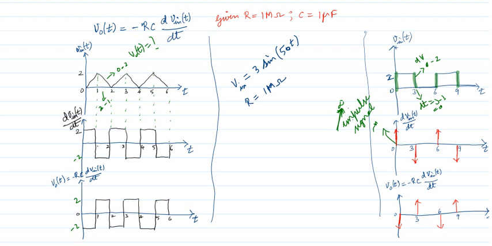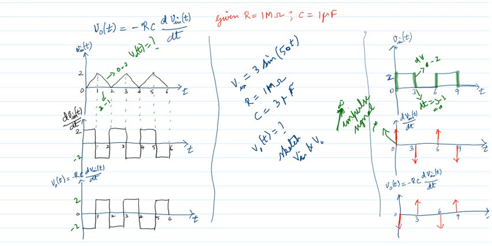C value is 3 microfarad. The question is to find V naught of t as well as sketch the waveform. Sketch Vin and V naught.